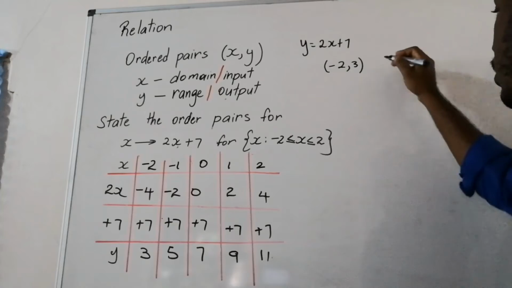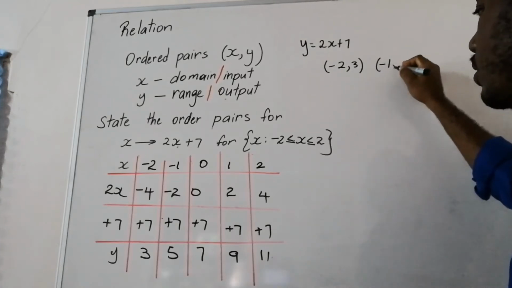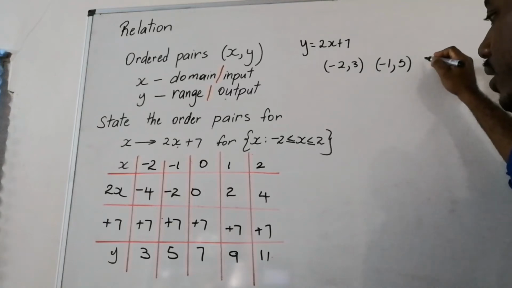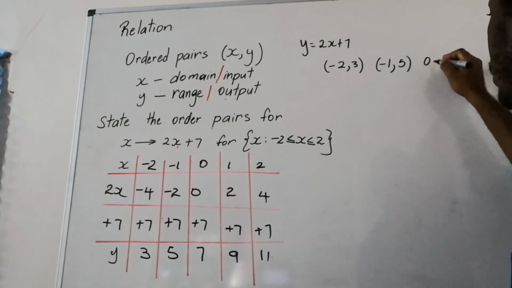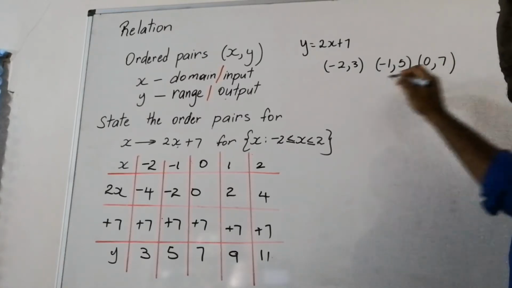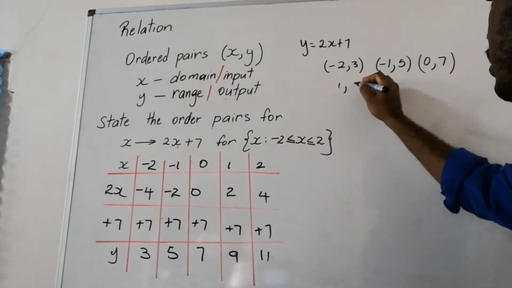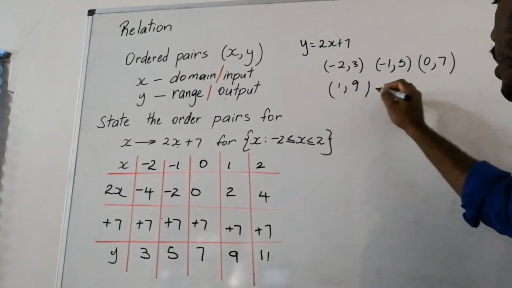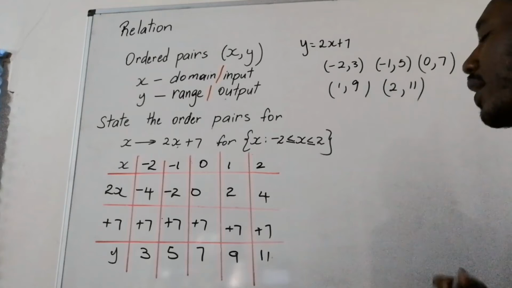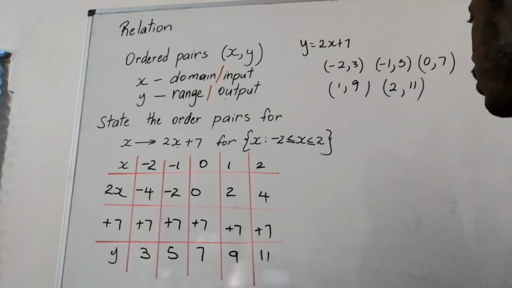The next ordered pair is -1, 5. Then 0, 7, 1, 9, and 2, 11. So here we have our ordered pairs.